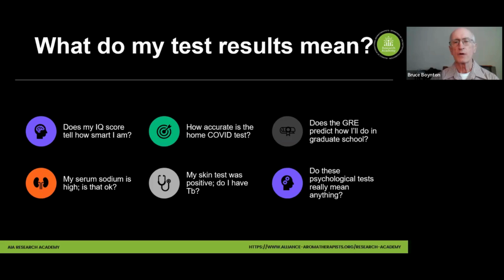Does the GRE predict how well I'll do in graduate school? No. Is my serum sodium high on the lab test? Is it okay? Probably is. The skin test is positive. Do I have TB? Maybe not. And do these psychological tests really mean anything? So we're going to get into all the different aspects of tests and how to test a test.